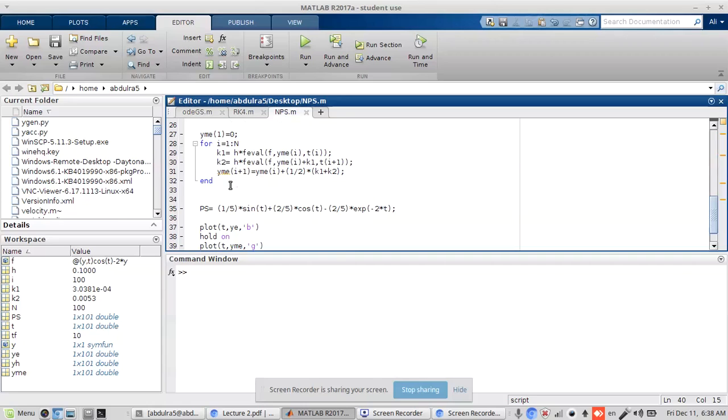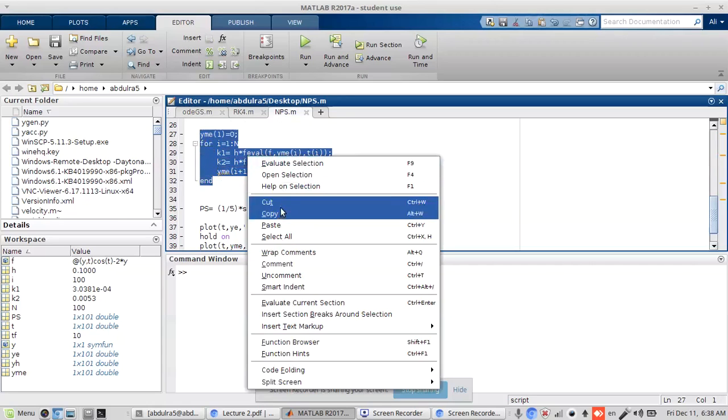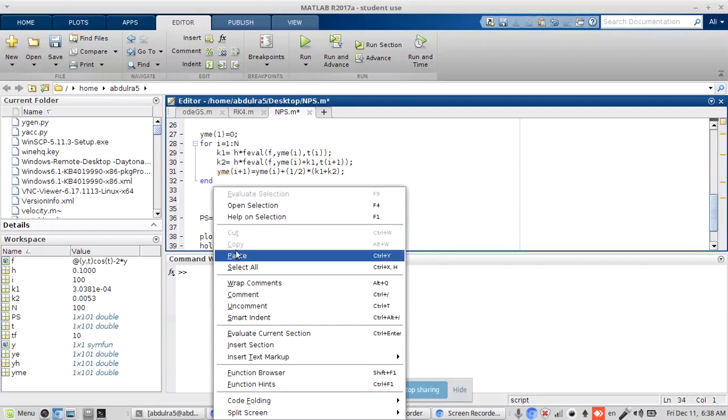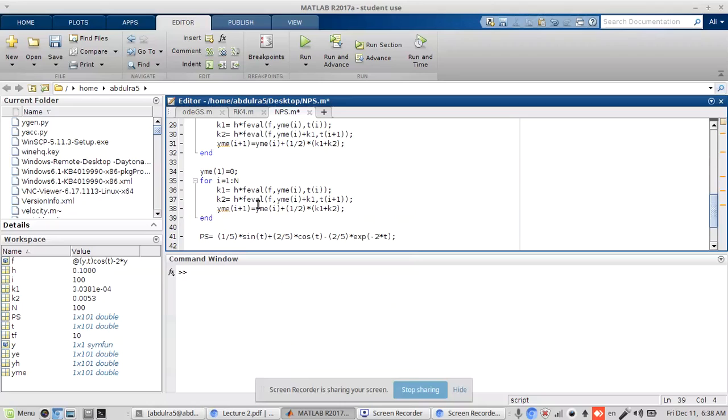So let's close this program with Runge-Kutta, which is preferable since it's fourth order and should be much higher in accuracy.